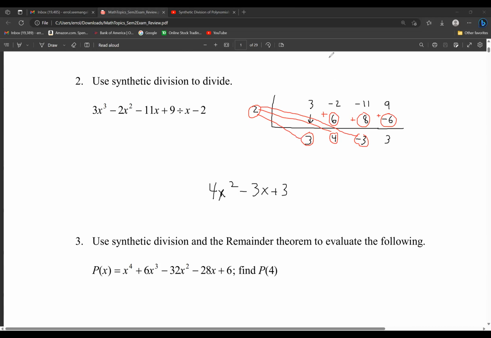So 2 times 3 is 6. 2 times the answer 4 is 8. And 2 times -3 would be the -6.